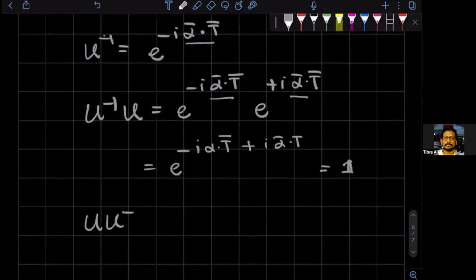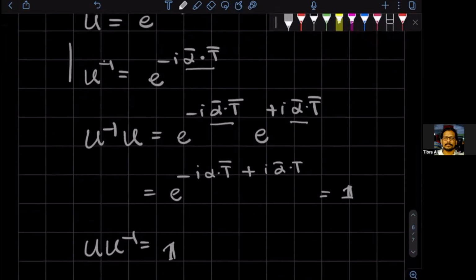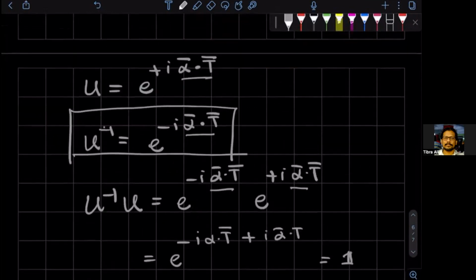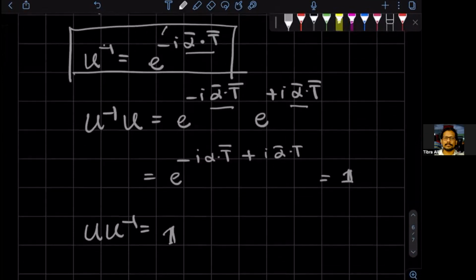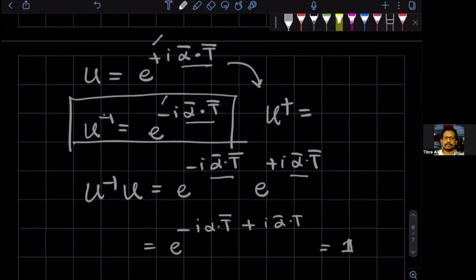Similarly, U inverse is also 1, right? So we see that U inverse has this form. So the difference between U and U inverse is that this sign is different. But we also know that U inverse is the same thing as U dagger. So what is U dagger? If I go from here to here, now this is basically a series expansion.